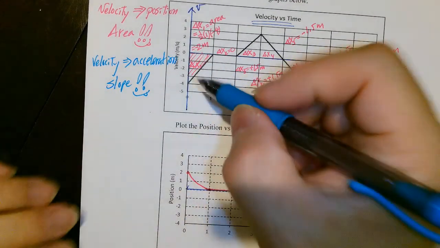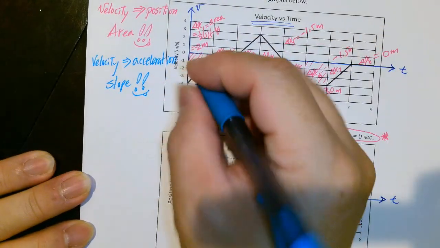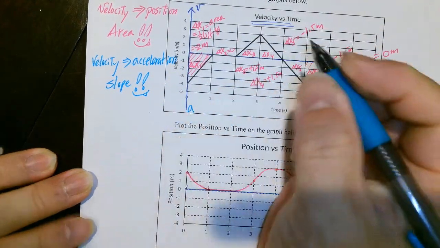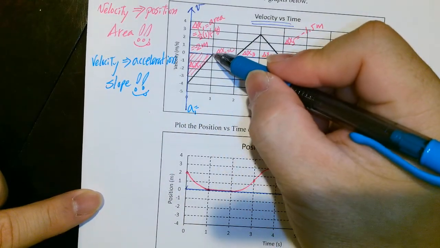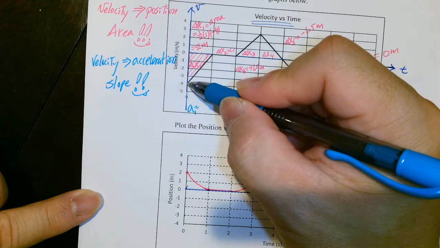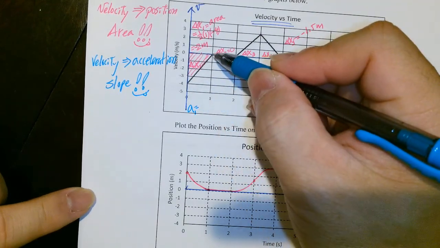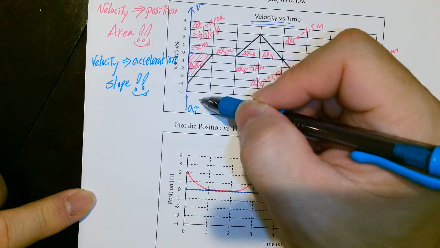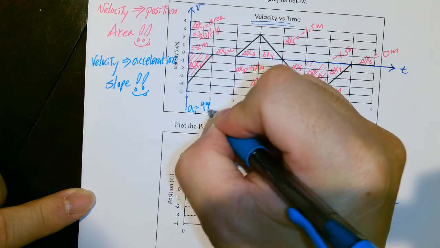So when I look for the slope here, my acceleration 1 is equal to, now this is 0 minus negative 4 over 1. So 0 plus 4, so it's positive 4 meters per second squared.